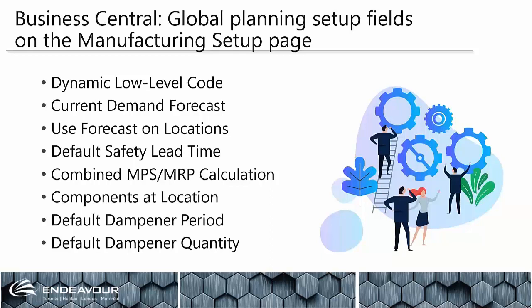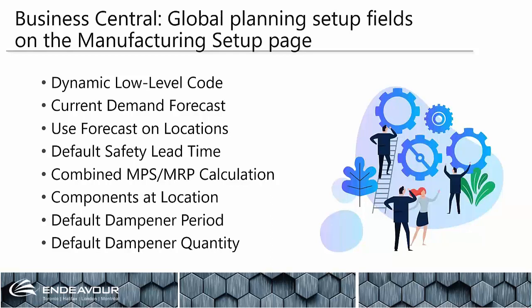And the same thing, if you have a default dampener period, for example, on your item card identified as 1 month, but on the global setup page, the manufacturing setup, you have one week, then the system will always honor the 1 month because you identified that on the item card, and will only look at the 1 week identified in the manufacturing setup page if you do not have a value populated on the item card. The same thing goes for the dampener quantity period.